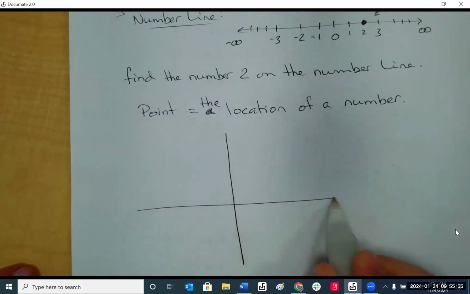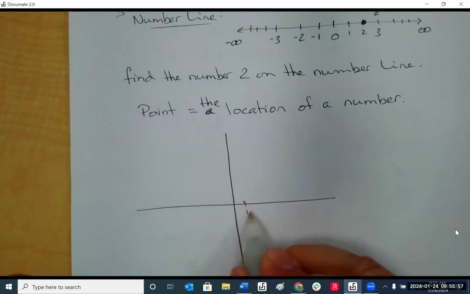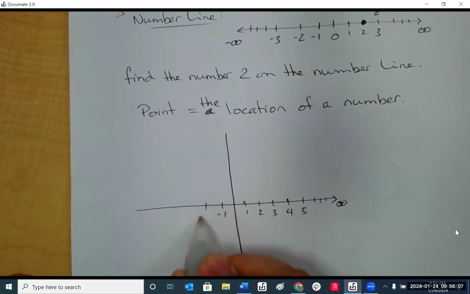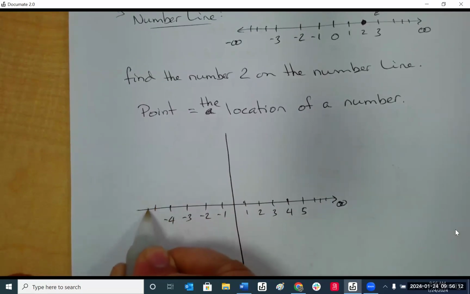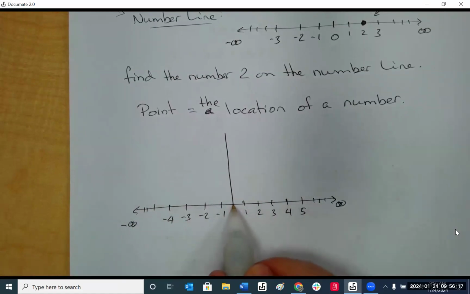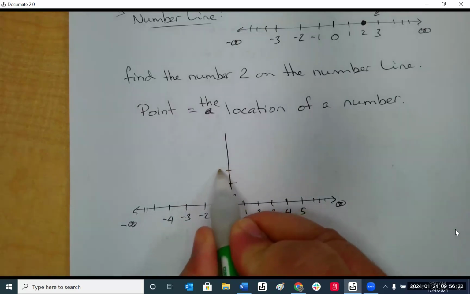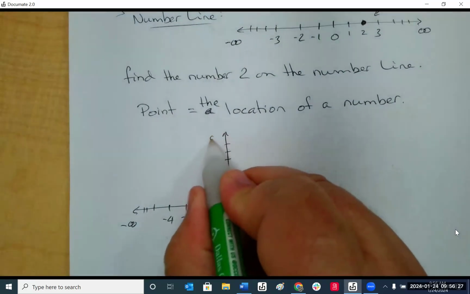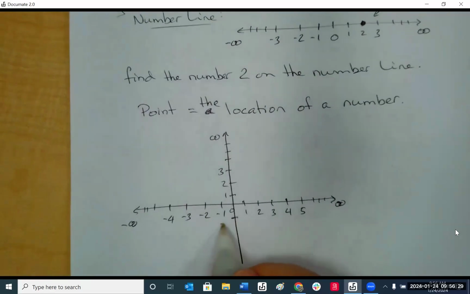We now can go up and down, not only left and right. Remember, here was 0. So going up is positive. And going down was negative.